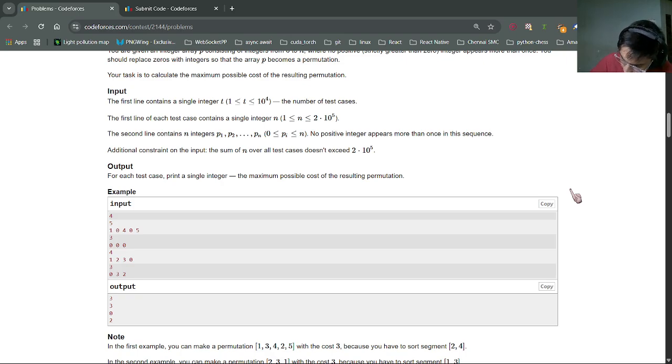So I have here 1, 0, 4. So for 1, 0, 0, 5, you add up to 1, 3. So I will add 2, 3.